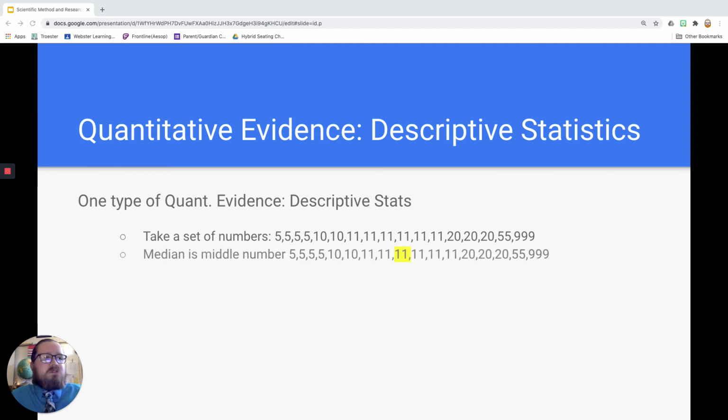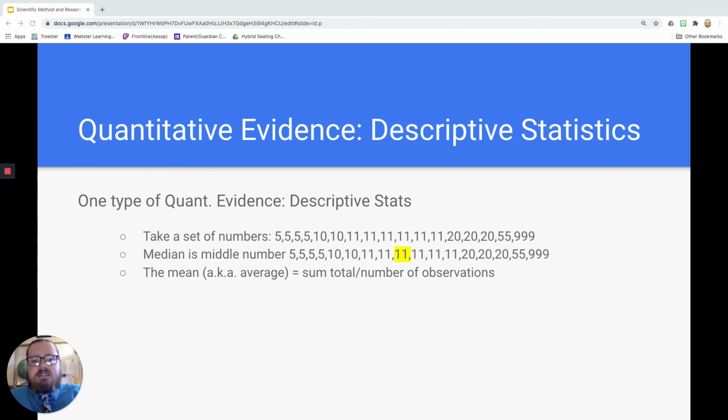One of the numbers of our observations that's going to be important is the median. And the median is just the middle number. So if we see in this string of numbers, there are 17, the highlighted 11 is the middle number. There are 8 numbers to the left of it and 8 numbers to the right. It is simply the middle number. The middle number can be important to have because, as we'll see, there are some problems with our next type of descriptive statistic, and that is the mean, also known as the average.